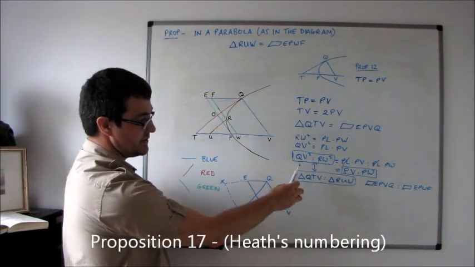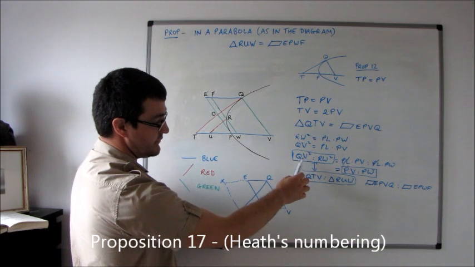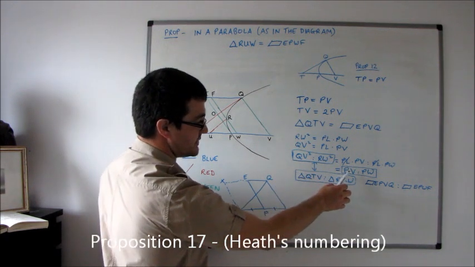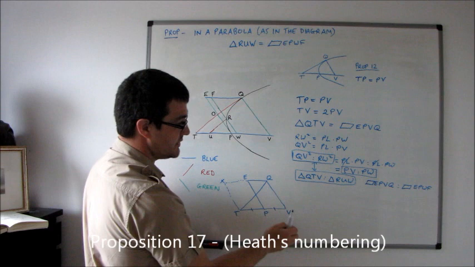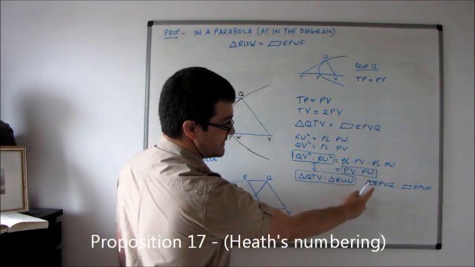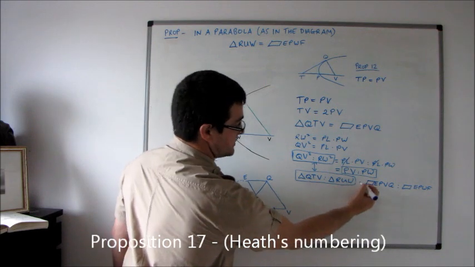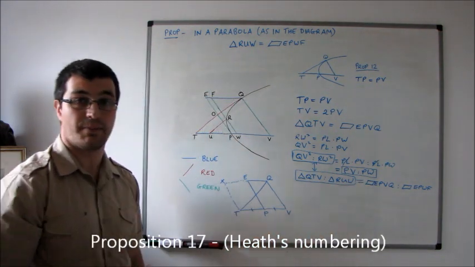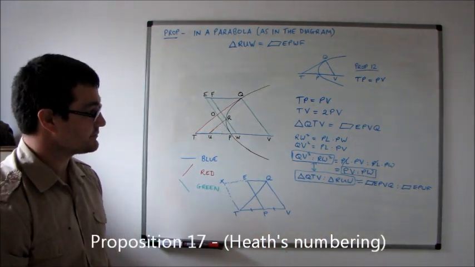And because originally we had that the ratio of QV squared to RW squared was equal to the ratio of PV to PW, and this ratio is equal to this ratio is equal to this ratio, then these two ratios must also be equal to one another.